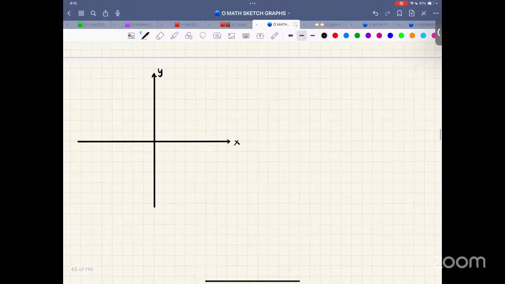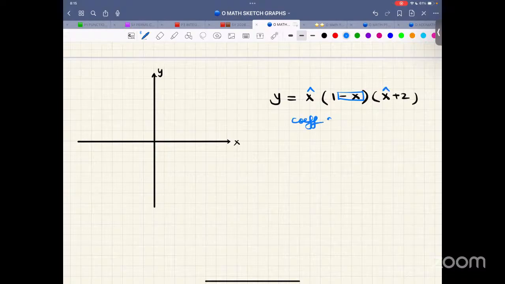What if it is something like this? y equals x(1 minus x)(x plus 2). Now, this x is positive, but this (1 minus x) is negative. This x is positive. So the coefficient of x cubed is negative, top left till bottom right.